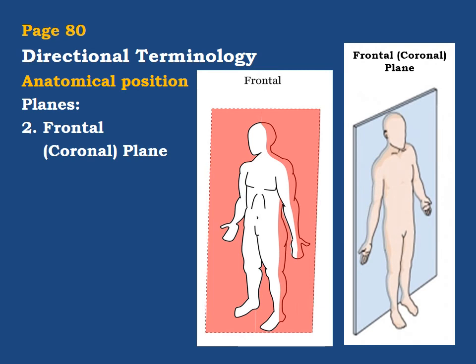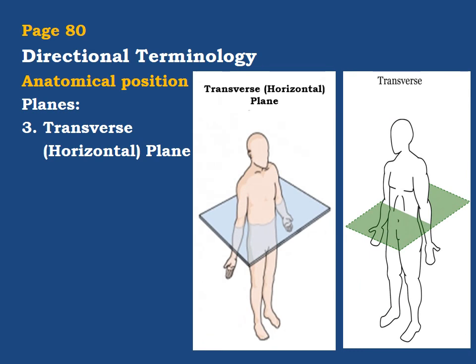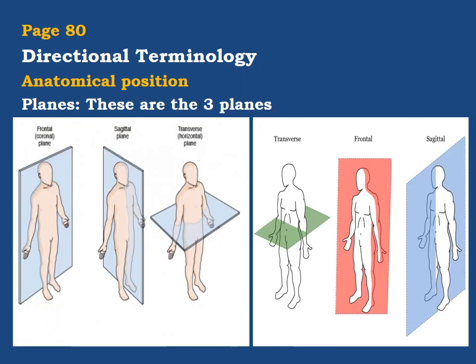As you can see, it cuts the person into two parts, front and back. This one is transverse or horizontal plane. We talked about this. We said that it cuts the person into two parts, upper and lower parts. Again, these are the three planes together. They are clear, as you can see.